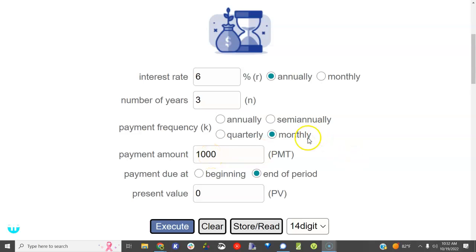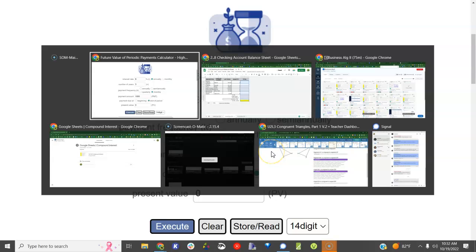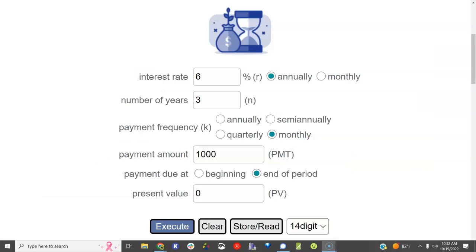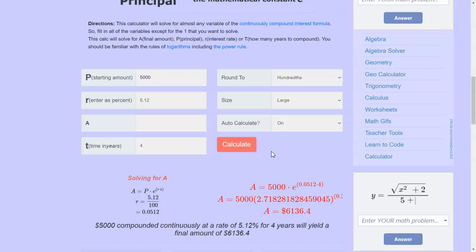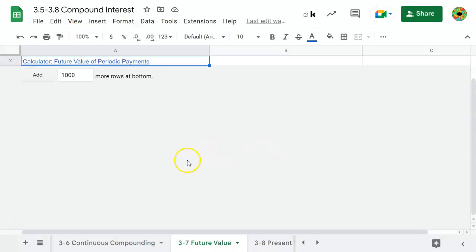You may not know what all these different things might mean, but just follow along the examples I've given you. There it is.